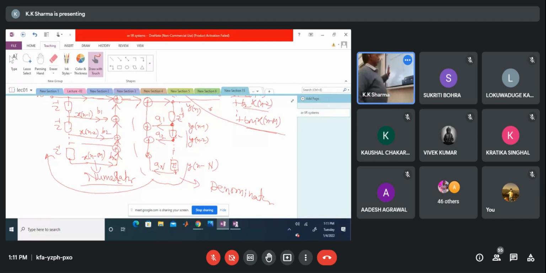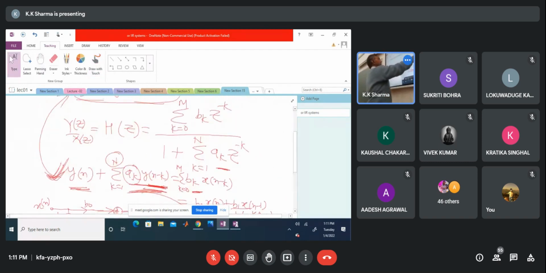The order of implementation of the numerator polynomial and denominator polynomial can always be interchanged without changing the overall transfer function. This is the overall H of z which I am implementing.